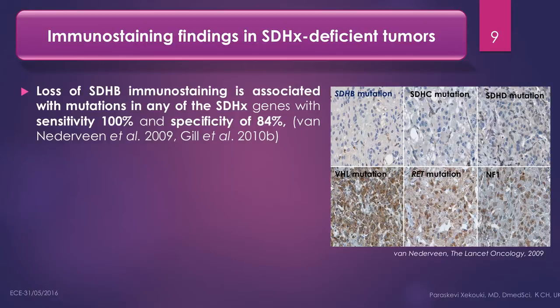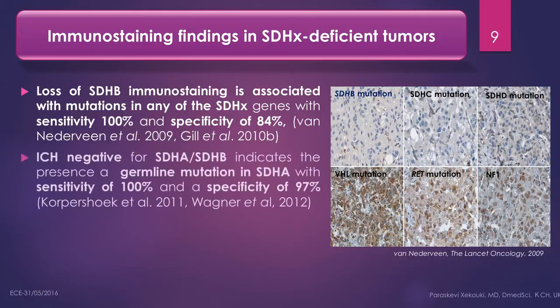In this figure, you can see loss of SDHB staining in SDHB, C, and D mutated tumors, whereas you can see retention of SDHB immunostaining in VHL, RET, and NF1 mutated tumors. Also, it has been shown that immunostaining negative for SDHA and SDHB indicates the presence of a germline mutation in SDHA with a sensitivity of 100% and a specificity of 97%.